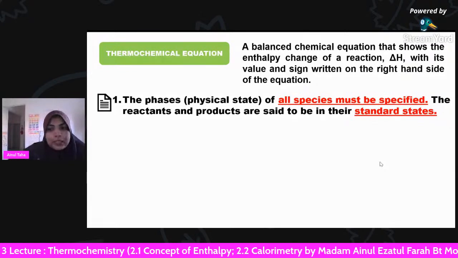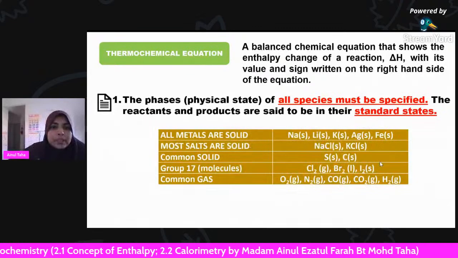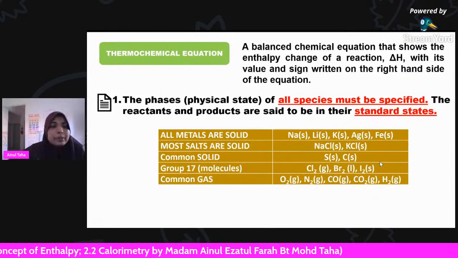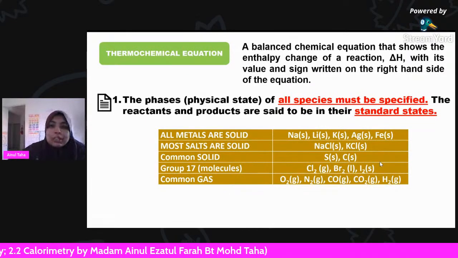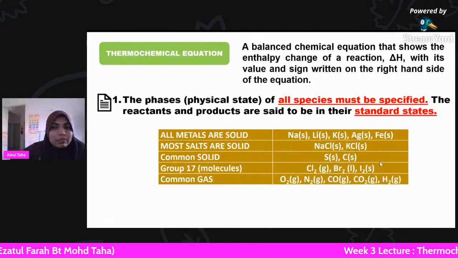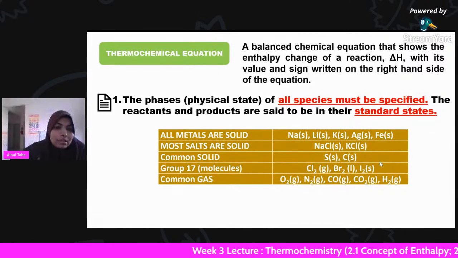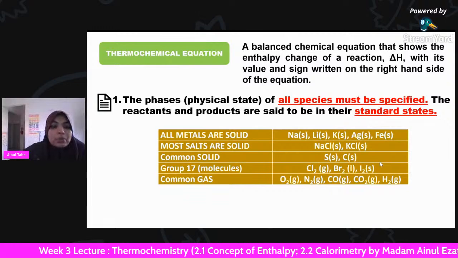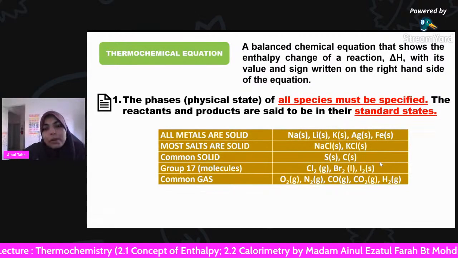For example, like given in the table, all metals are solid. Sodium is a solid. Lithium is a solid. Potassium is a solid. Most salts are solid because salt normally has ionic bonds. So it is a solid.